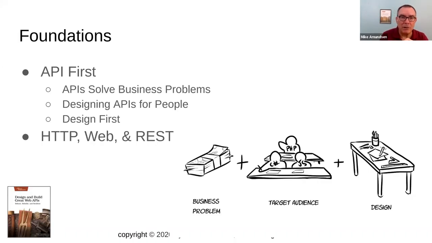A good designer, once you invite them into the story, actually makes the whole situation more complex. They ask more questions. They get behind the scenes to design what's really going on, not just the surface. So design is really important, and designing up front and thinking about APIs as a way to solve a business problem for a target audience is super important.